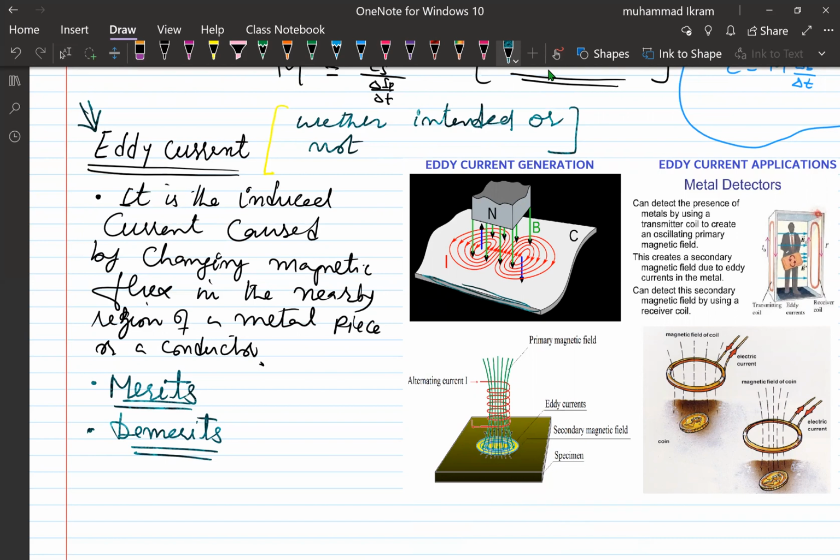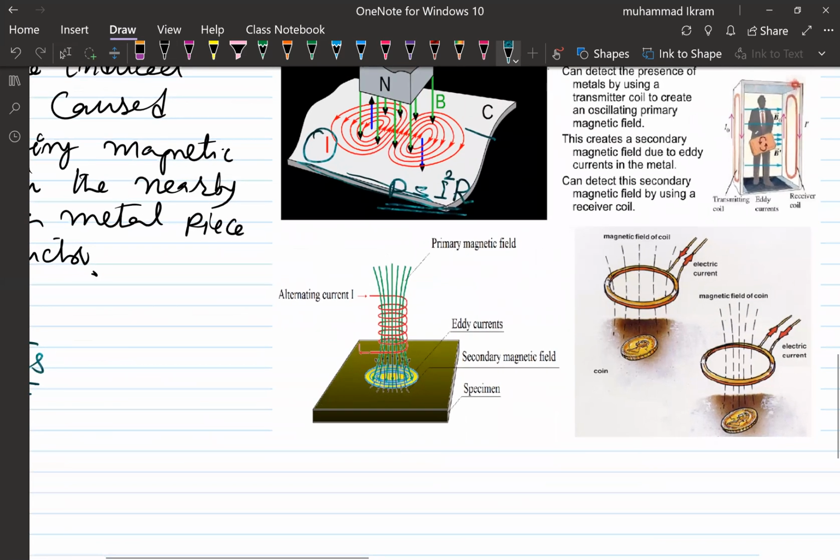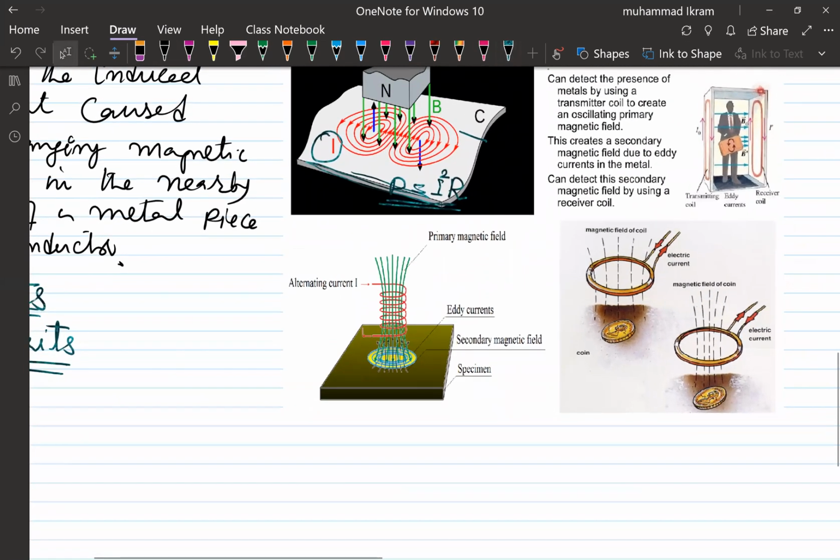That induced current will then generate heat energy, or there will be a force because of this induced current that would resist the motion of this metallic sheet inside the magnetic field, and it will also produce excess heat energy, because you know power is equal to I square R. So if you have the current, the metal definitely has resistance, and there will definitely be power dissipation, as you see here.